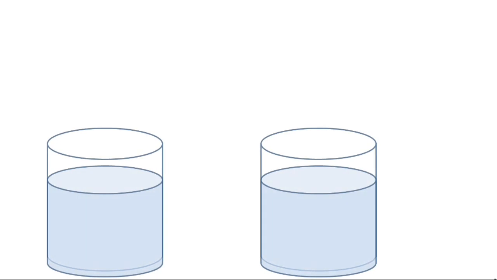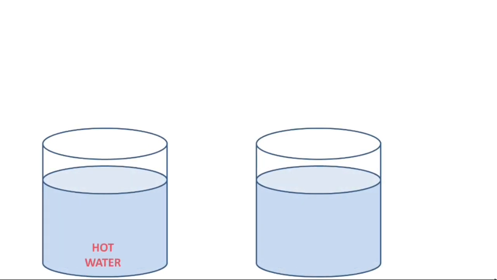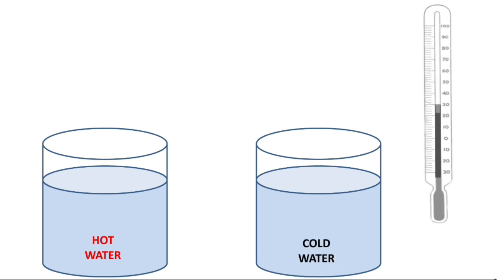Now let's see the activity to show that temperature is a measure of thermal equilibrium. Take two glass tumblers and fill one of them with hot water and another with cold water. Now take a laboratory thermometer, observe the mercury level in it and note the reading in your notebook. Let it be 30 degrees Celsius.